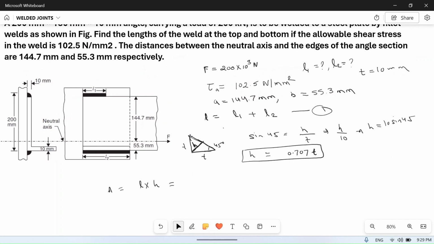L2 plus L1 is L, so L into H is the total area of the weld, with H equal to 0.707 T. Okay, so what will be the force which will be taken by this is equal to tau into area. So tau is also given, so it will become 0.707 into T into L into tau allowable, or maximum allowed shear stress. Okay, so this is the formula.